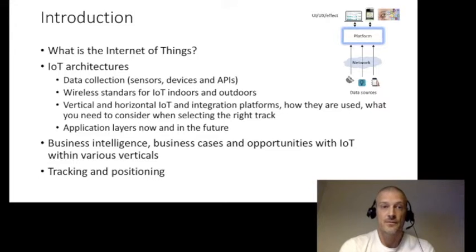If you look at the agenda here, you also see tracking and positioning. Very often, when you have an IoT solution, it's beneficial to know where your things are. So we will take a look at the tracking side, which very often is about finding things. It could be a wheelchair in a hospital, or it could be a fleet management solution where you want to keep track of your cars.